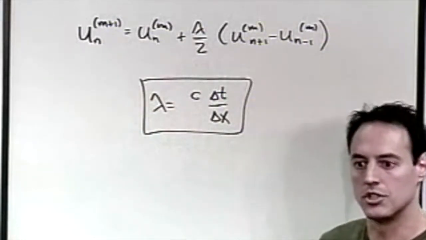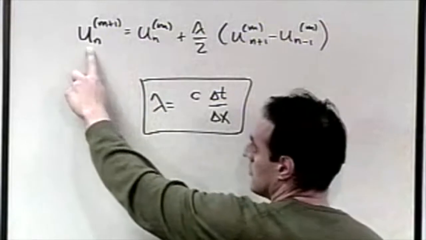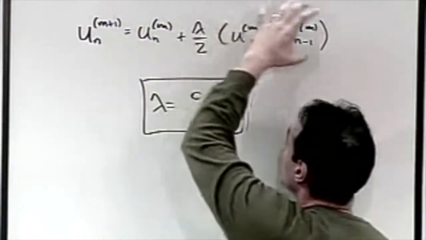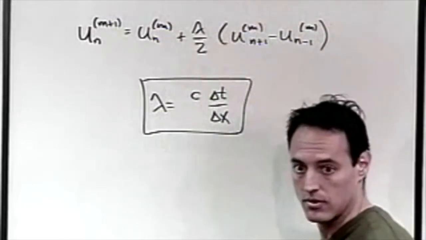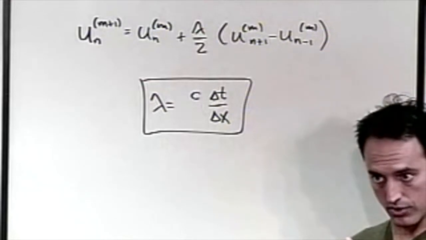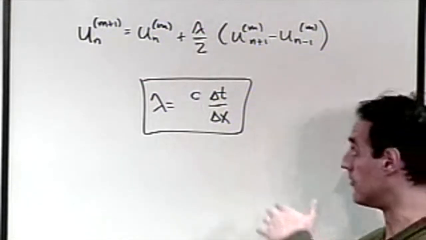This is our iteration routine. My solution in the future is what it is right now plus this contribution here. So it's a lot like our ODE stepping techniques, but now we've just written down the iteration itself.